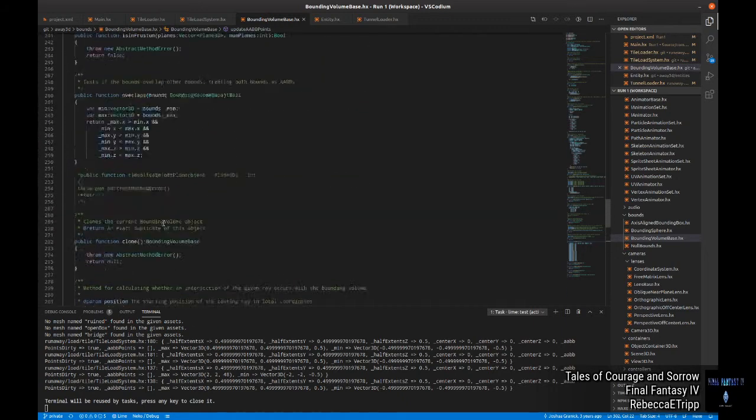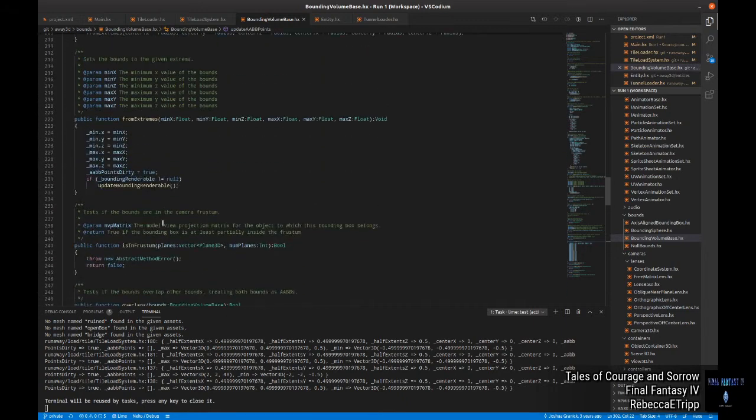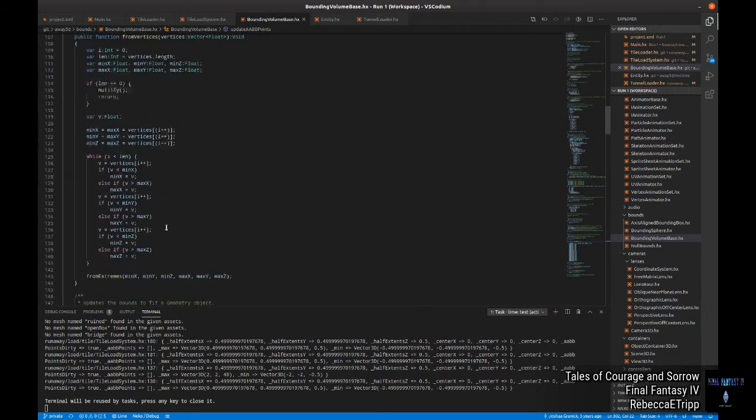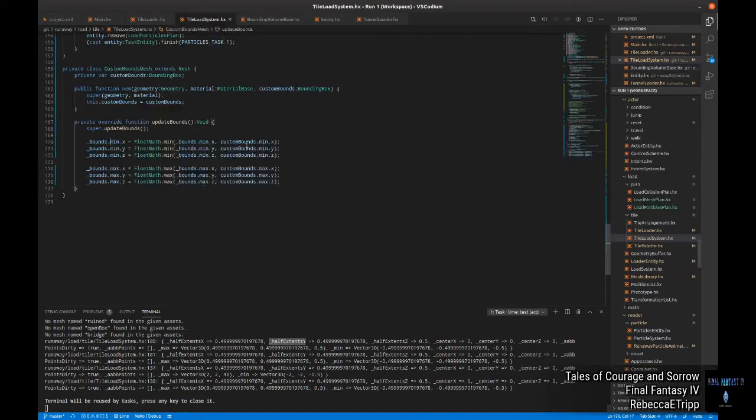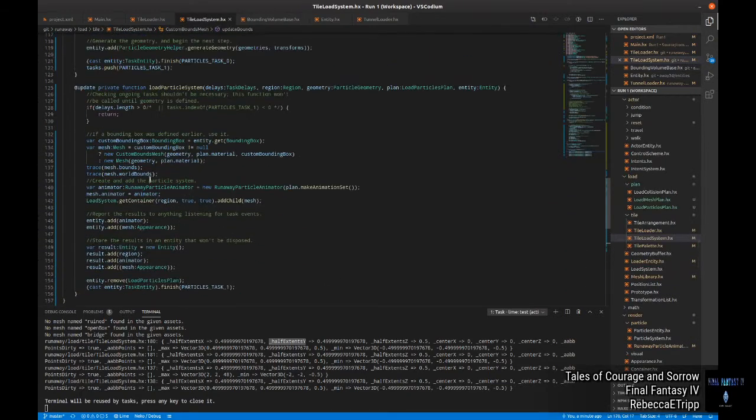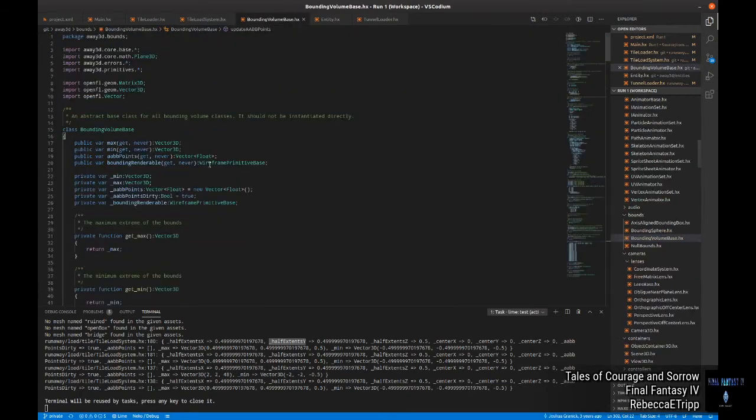Okay, that's all interesting. Somewhere in all this code was something half extent. I'm sorry, I'm not even sure what I'm looking at because it doesn't match up.